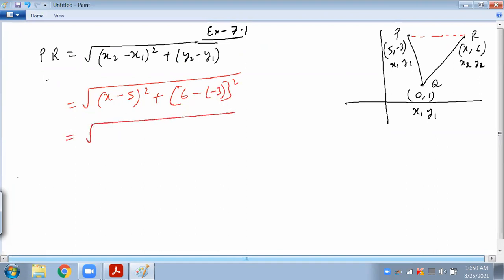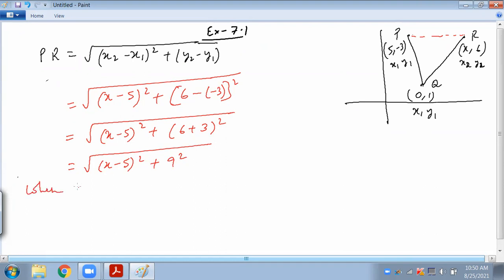Now solve it. So 6 plus 3 square. Now since we have two values, when x equal to 4, PR will be equal to, instead of x, 4 minus 5 whole square plus 9 square is 81.